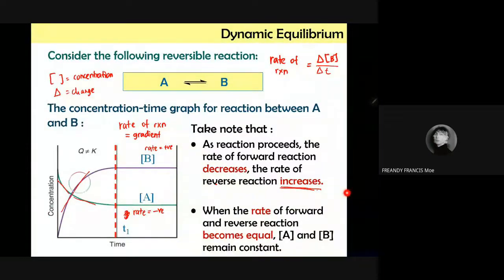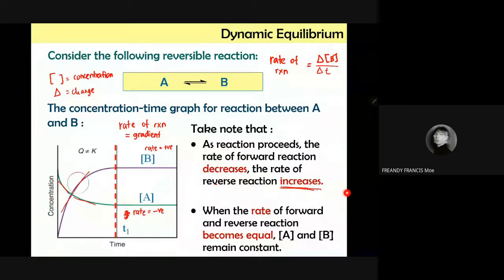Jadi nilai dia adalah positif, rate of reaction iaitu gradient dia, rate dia adalah positif. Tapi kalau kita tengok semakin lama dia punya gradient dia makin kurang curam. Kalau kita tengok the less steep, bermaksud nilai dia makin lama makin menghampiri kosong.